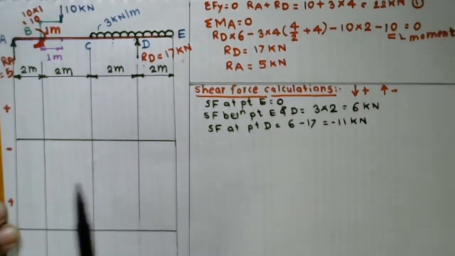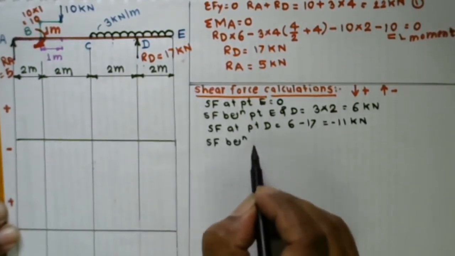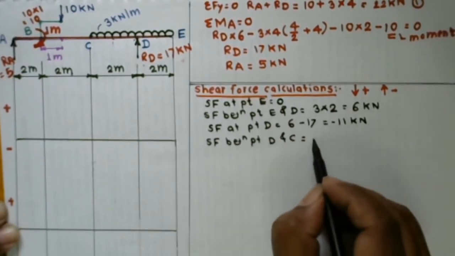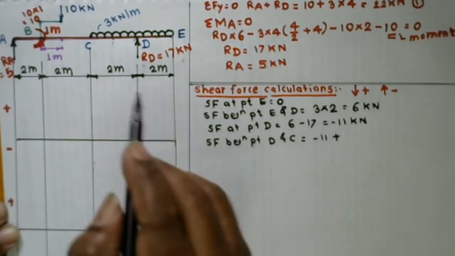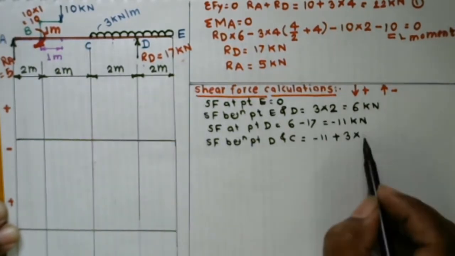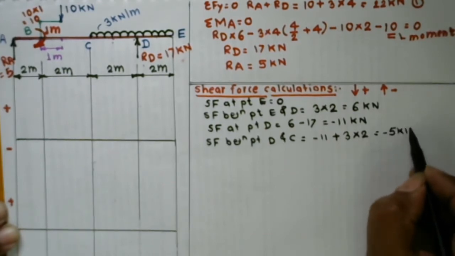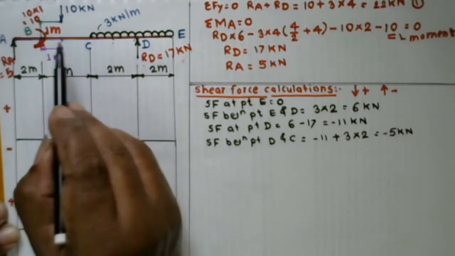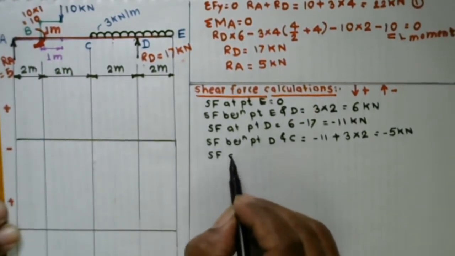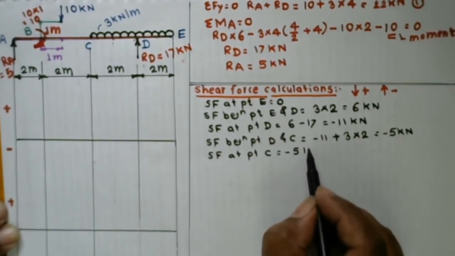Next, D to C, the UDL is again acting, so the shear force between points D and C is minus 11 plus the UDL acting downward, so plus 3 into its span of 2 meters, so this becomes minus 5 kilonewton. Between points C and B there is no load, so the shear force at point C is also minus 5 kilonewton.